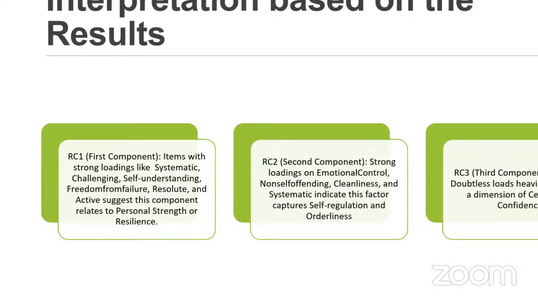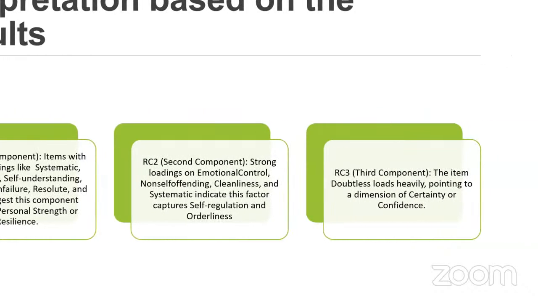Now we are going to the second component. The second component has strong loadings on emotional control, non-self-offending, cleanliness, and systematic. That indicates this factor captures self-regulation and orderliness. Why self-regulation? Because emotional control and non-self-offending are there.